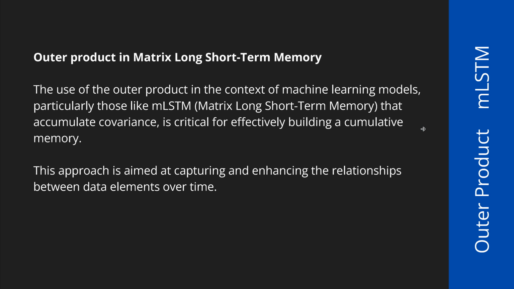A little bit more for my green grasshoppers about the outer product. What does the outer product do in our matrix long short-term memory model? It accumulates the covariance, and this is so critical for the effective building of a cumulative memory for time series.